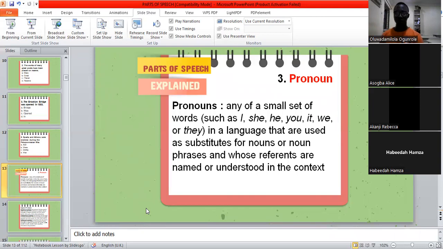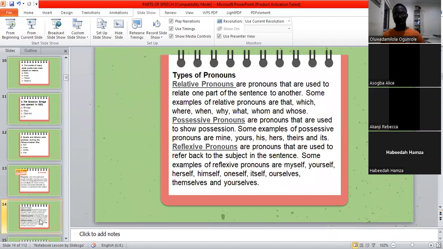And you can have we if you are counting yourself as part of the group, or you use they when you're talking about the plural of he, she, or it. So basically, pronouns are used as substitutes for nouns or as a reference for nouns in any context of use.